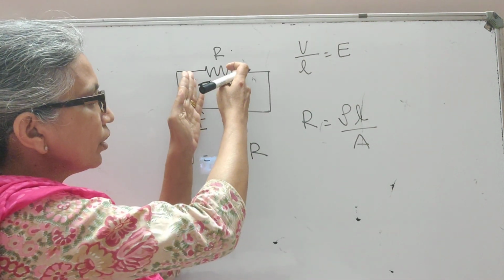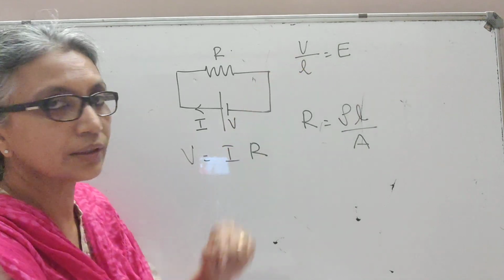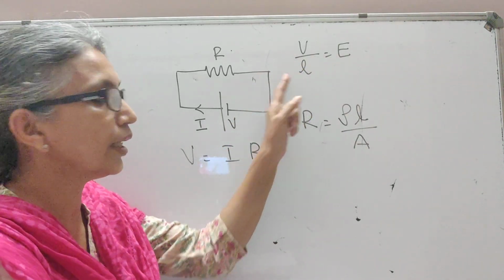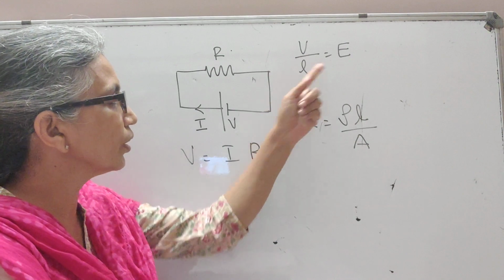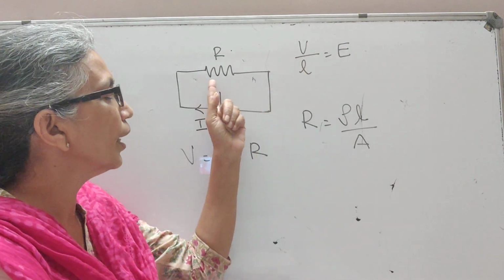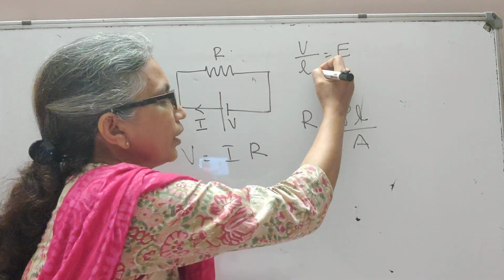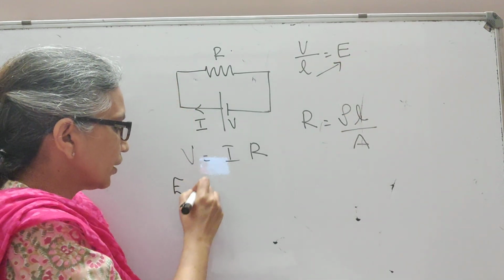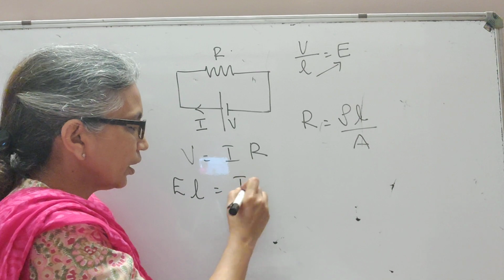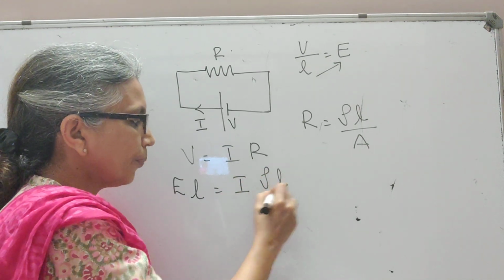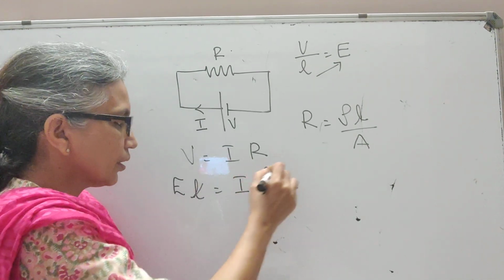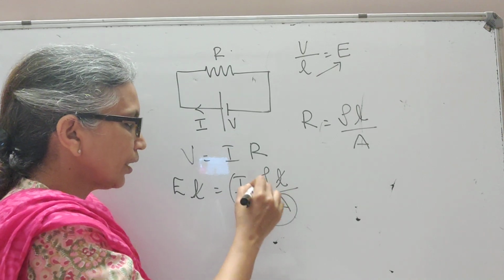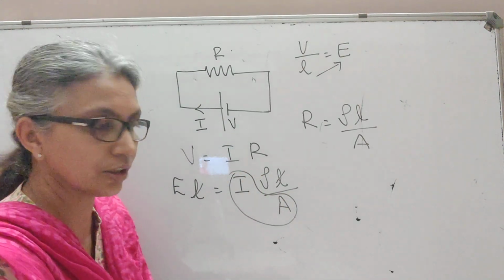Between the ends of a conductor, we have V as the difference in potential, L as the distance. So E equal to V by L, and from this equation we may write V equal to E into L. So I may write E into L is equal to I into rho L by A. If I cancel L, this I by A is what you call the current density J.